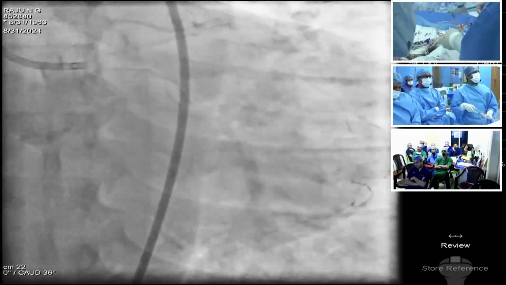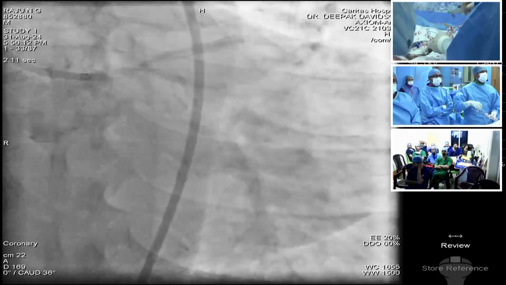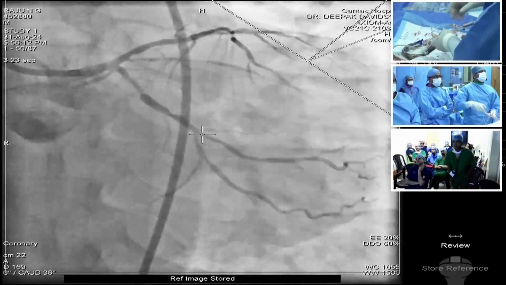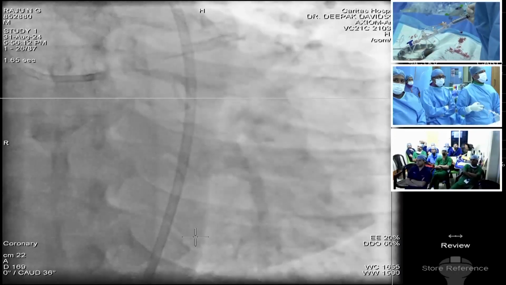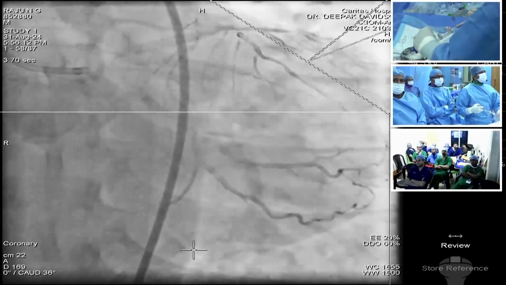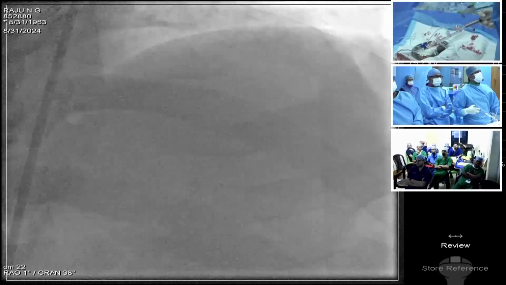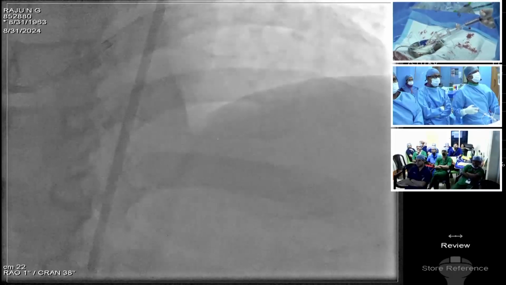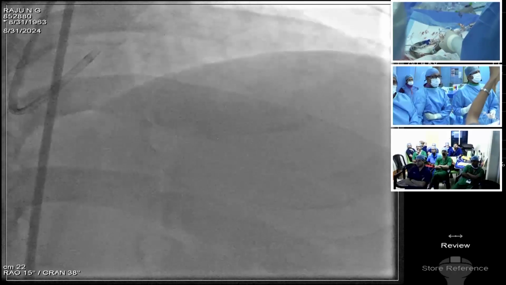Okay, that looks good. LAD is flowing. Now come cranial. Little bit. Okay.